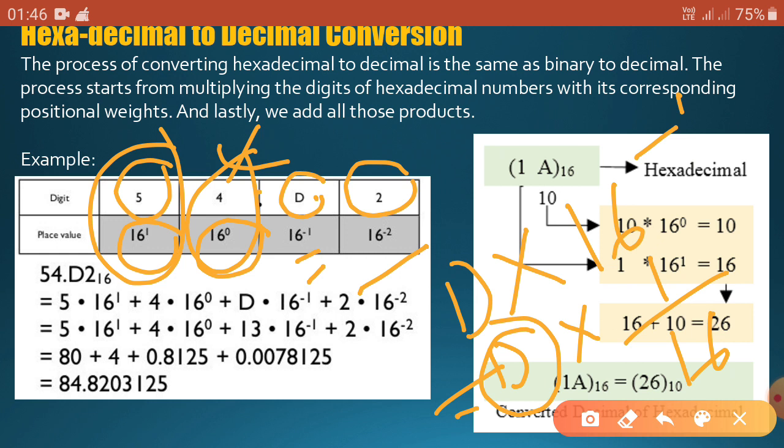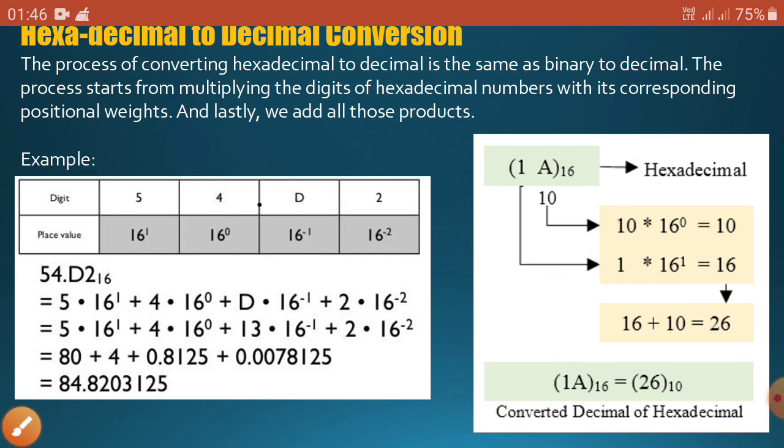So 13 into 1 by 16 gives us 0.8125, and then 2 into 16 to the power minus 2 gives us 0.0078125. So the value is 84.8203125 in decimal. I think it is clear.